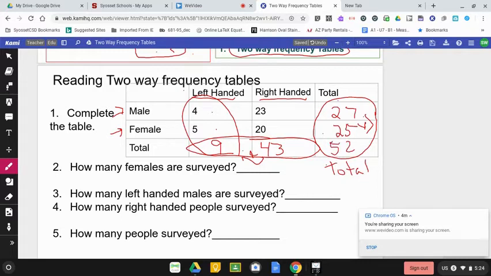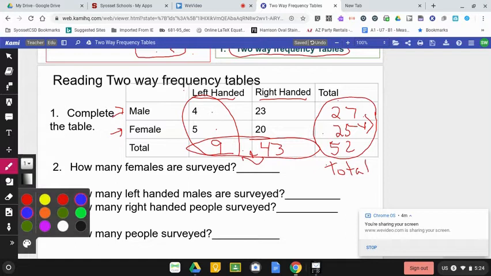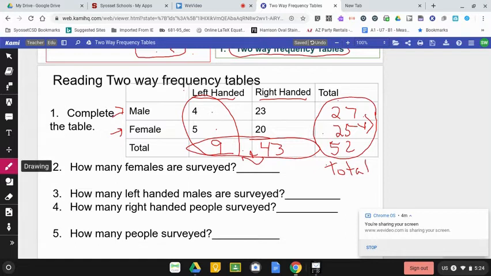From here, it's pretty easy to just answer the questions that you're asked. How many females are surveyed? We go to the total females, only looking at the female row, and we have a total of 25 females. How many left-handed males are surveyed? Well, that's a little more specific. We have to go to the left-handed column and the male row.